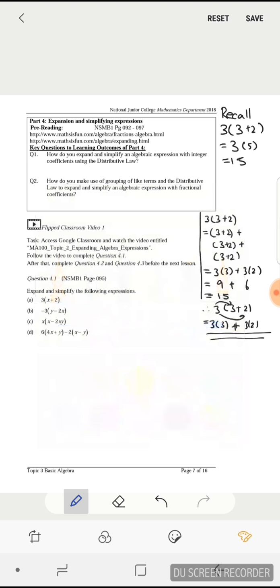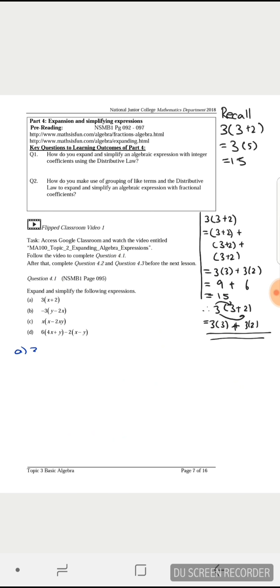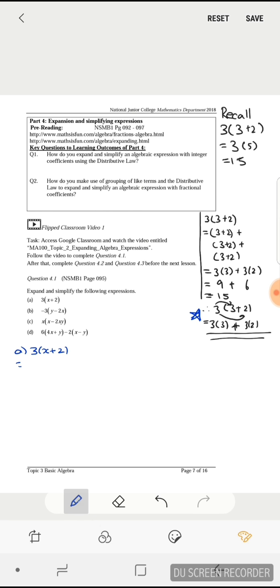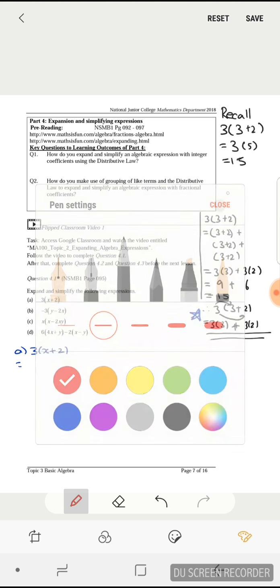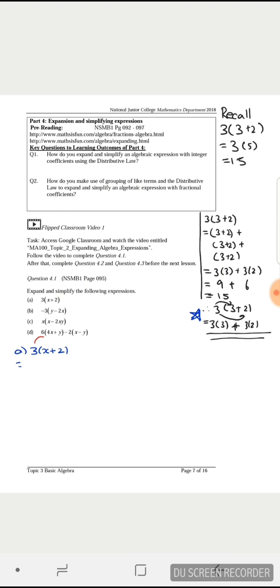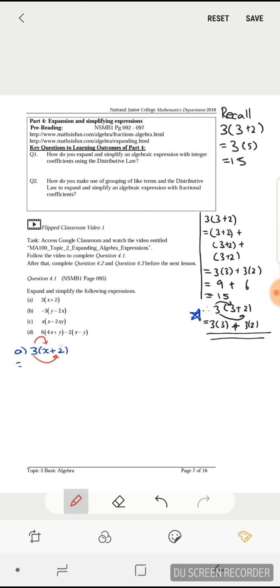Question 4.1a. Now question 4.1a gives 3 times x plus 2. So what's going to happen is, with this same idea over here, we're going to do expansion. So first thing is 3 multiplied by x, and then we're going to use 3 multiplied by positive 2.